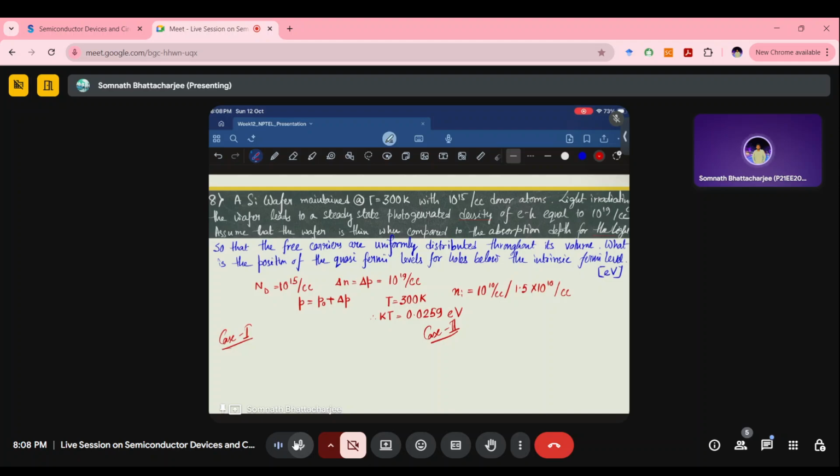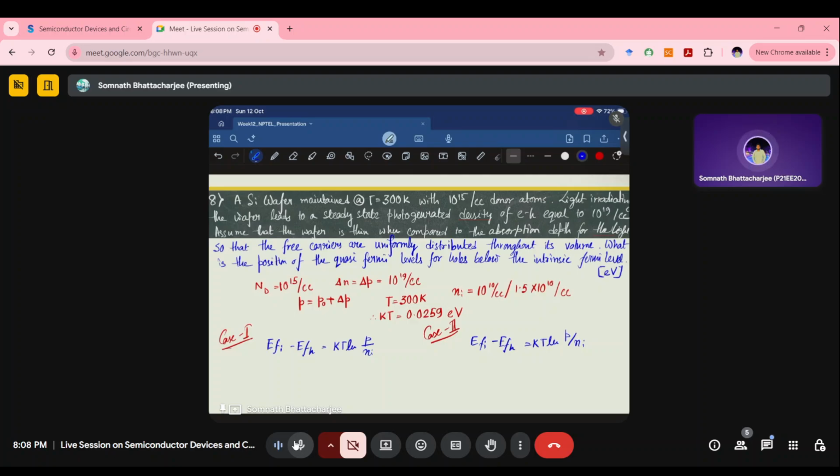Then just put the values in the equation. We know that this difference is nothing but EF intrinsic minus EF, that is KT ln P by Ni. So it will be EFI minus EFH equals KT ln P by Ni.